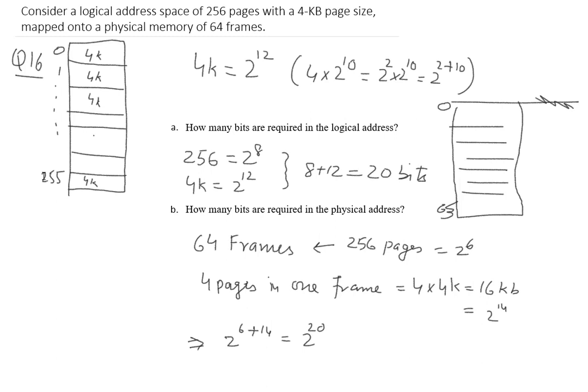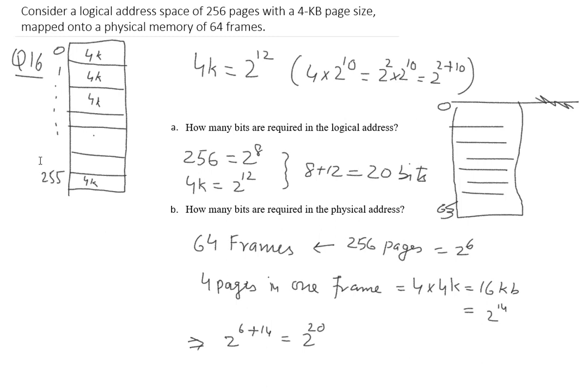Now the first question is how many bits are required in the logical address. We have 256 pages, which means 2 power 8, so 8 bits are needed for the number of pages, and the size of each page is 4K, which is 4 kilobytes. 1 kilobyte is 2 power 10, 2 kilobyte is 2 power 11, 4 kilobyte is 2 power 12.